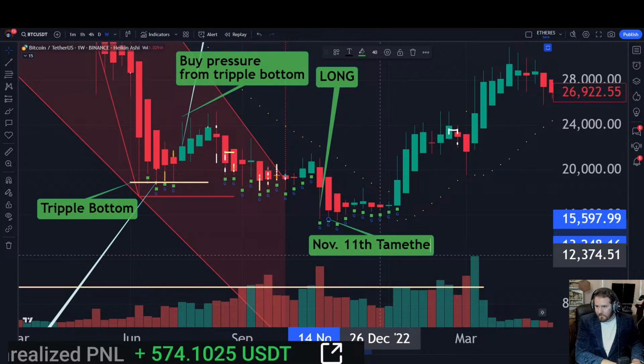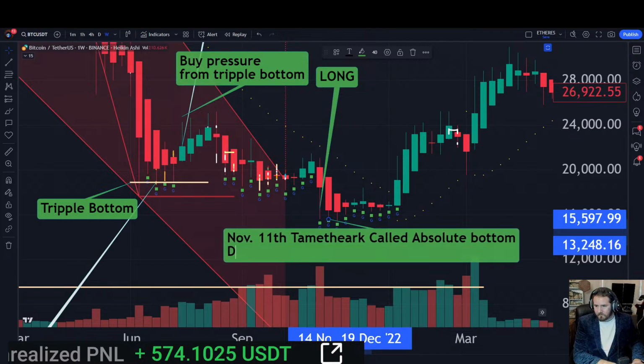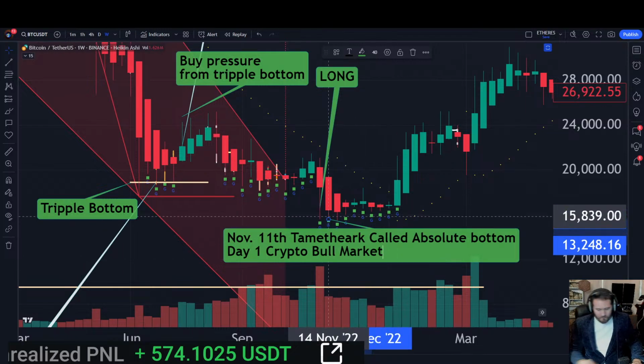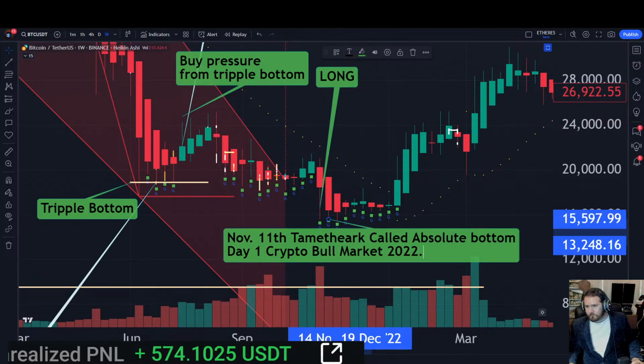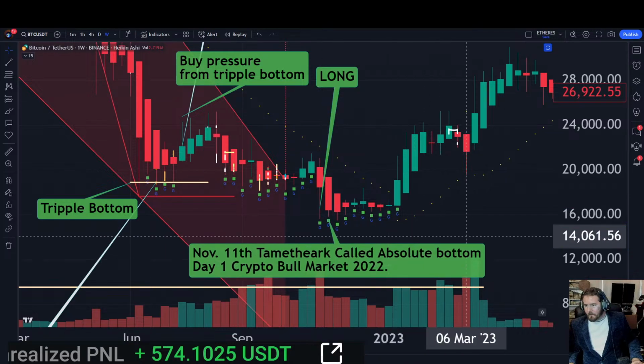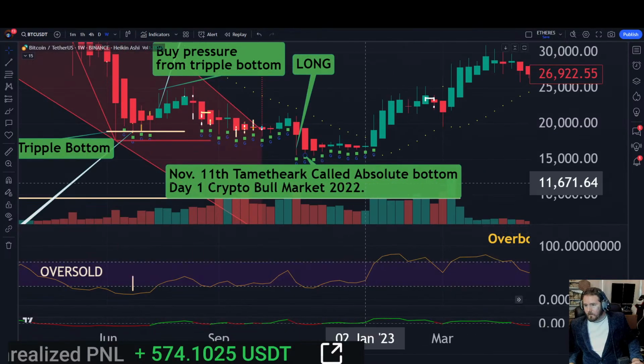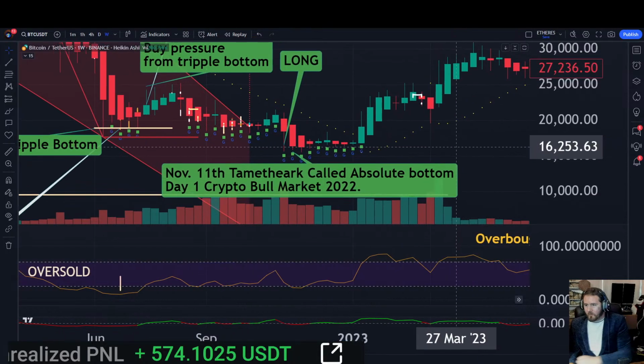And this was Tame the Ark, which is me, called Absolute Bottom Day 1 Crypto Bull Market 2022. And this is what we saw over here.